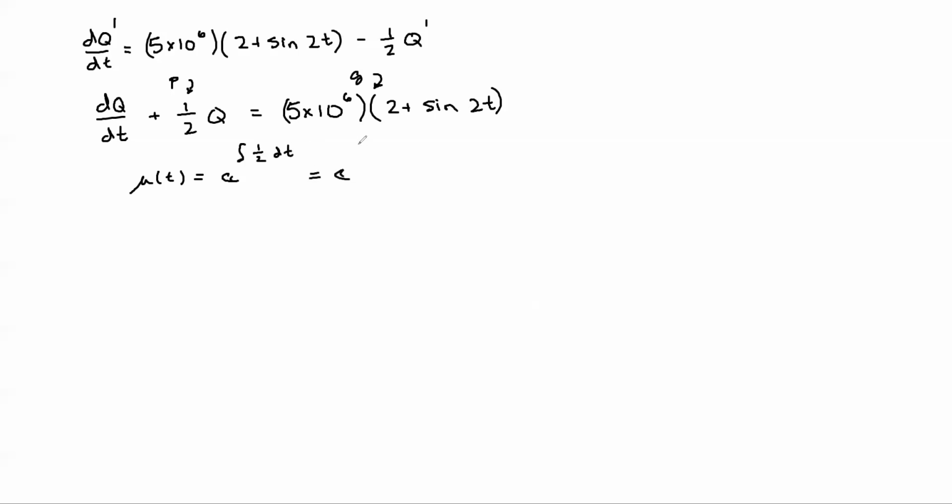So this is e to the 1/2 t. And then once you have the integrating factor, you can actually jump right to the solution by using the formula. So Q is going to be 1 over e to the 1/2 t times the integral of e to the 1/2 t times G, which is this thing.